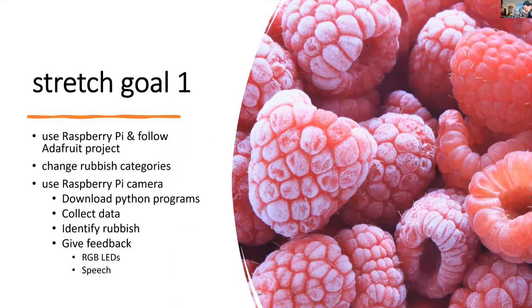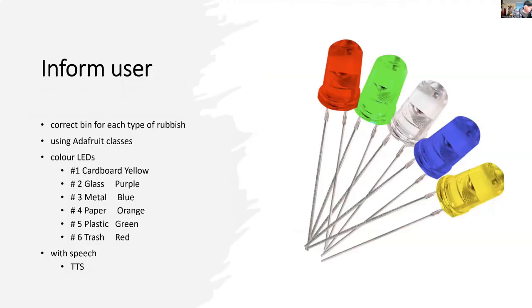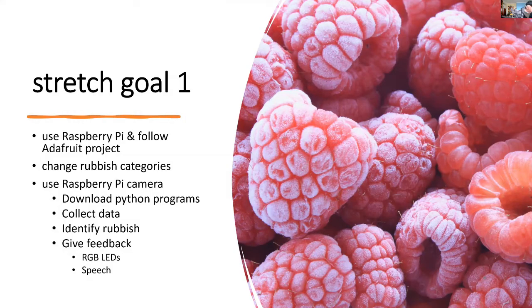Okay, so there's our stretch goal. But what I'll do is I'll go through and identify how you install or create that model on Microsoft Lobe. Okay, so for our stretch goal, we'll use a Raspberry Pi and we'll follow the Adafruit project.